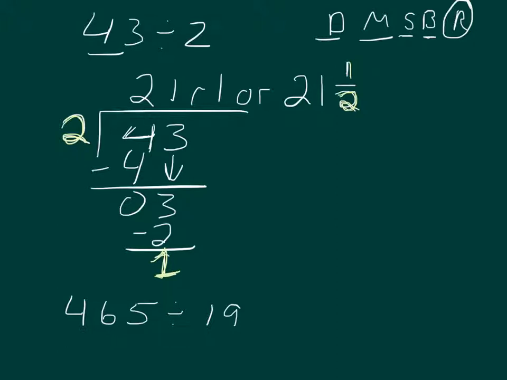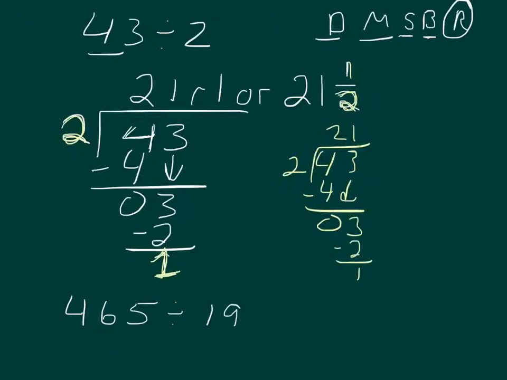And the third way that you can represent this answer, let's see if I can do this quickly. 43 divided by 2. I got 2, 4, brought down the 3. 2 went into 3 once. I end up with this remainder of 1. I can add a decimal point at the end of the 3 because 43 is really 43.0. And I can bring down a 0.